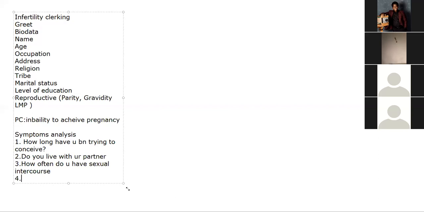No, you can't conceive with anal sex. So you want to be sure about the sexual orientation. So you want to ask, do you have vaginal penetrative sexual intercourse?